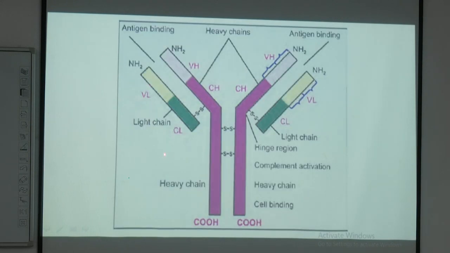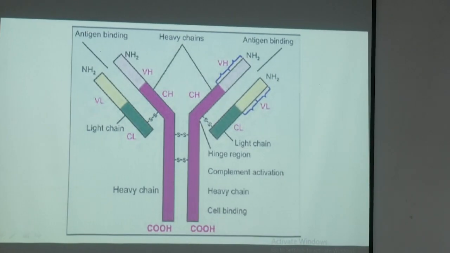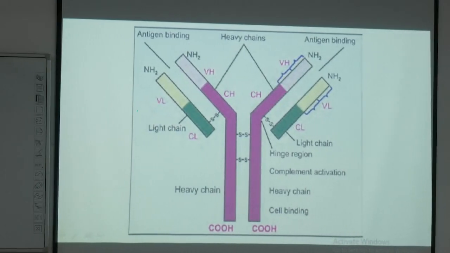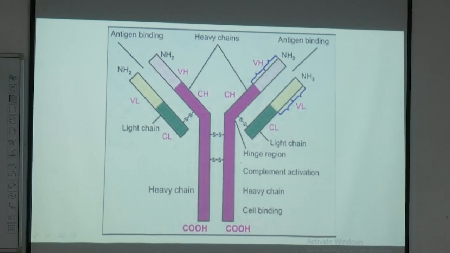Now this is the structure. In any immunoglobulin, there are 4 polypeptide chains. This is one chain, this is another chain, this is another one, and this is another one. The small ones are called light chains, and the long ones are heavy chains.